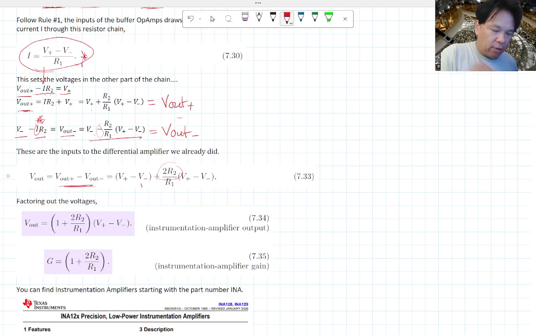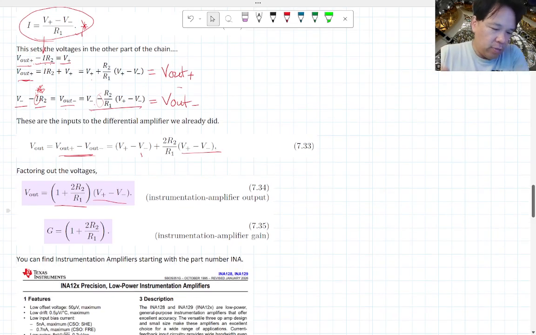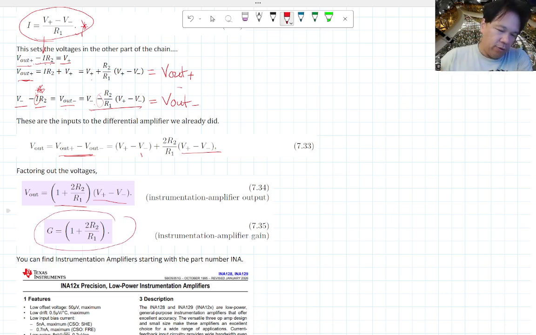You get two times R2 over R1, plus the times the difference between the two inputs. You can do a little factoring and factor out V plus minus V minus. You end up with the gain of this instrumentation amplifier as 1 plus 2 times R2 divided by R1. And that's going to be very useful.